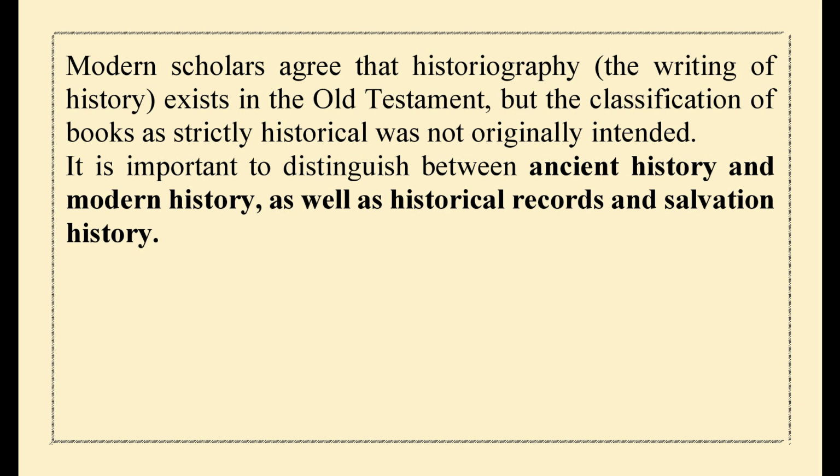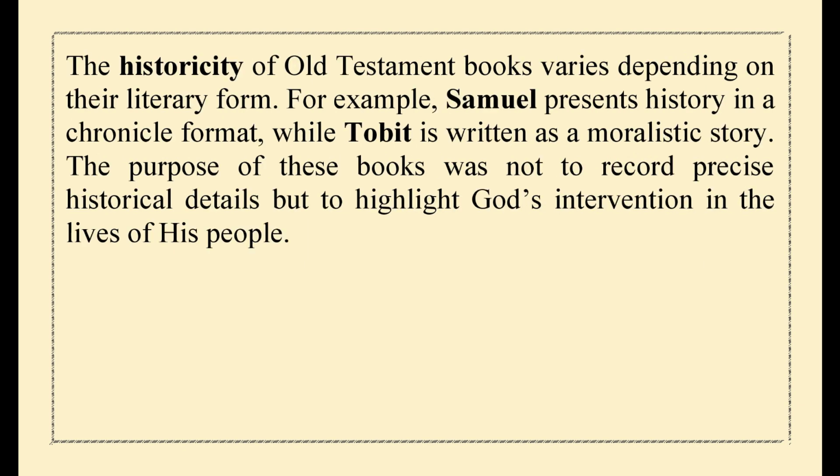It is important to distinguish between ancient history and modern history, as well as historical records and salvation history. The historicity of Old Testament books varies depending on their literary form. For example, Samuel presents history in a chronicle format, while Tobit is written as a moralistic story.